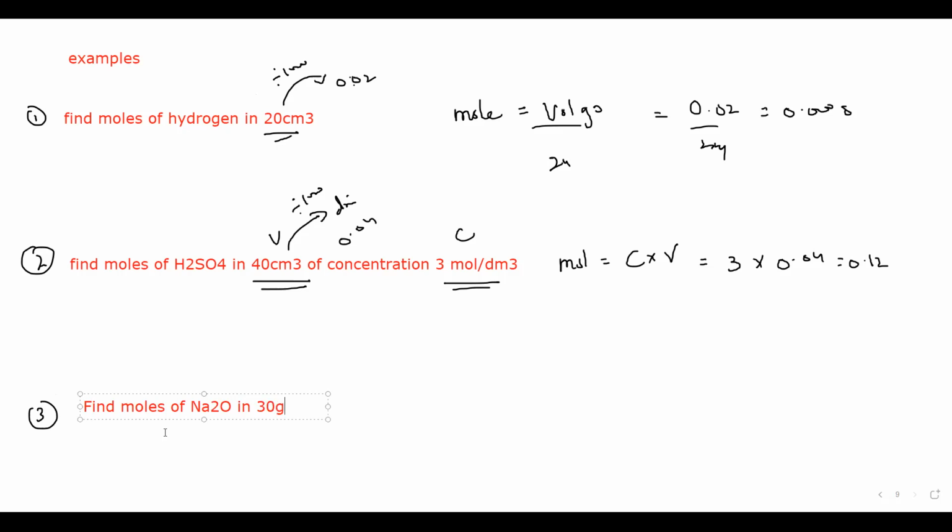So we have the mass in grams, so we'll use the first formula. Moles equal mass in gram divided by the molar mass. The mass in gram is 30, but for the molar mass of sodium oxide, you have to use a periodic table.